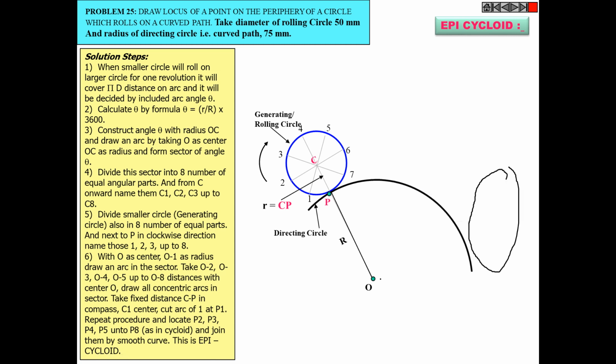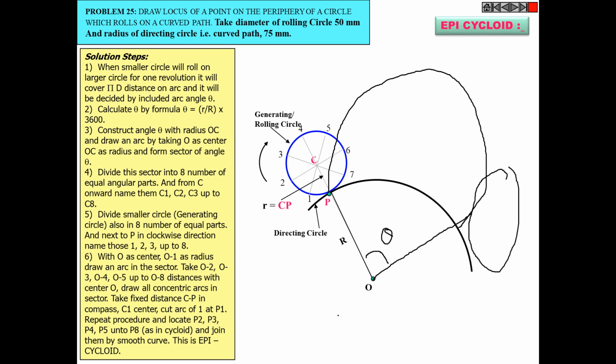That means I will get some value of theta. Between this rolling circle and this rolling circle, here I will get one complete epicycloidal teeth profile. So for that I need to evaluate the value of theta.